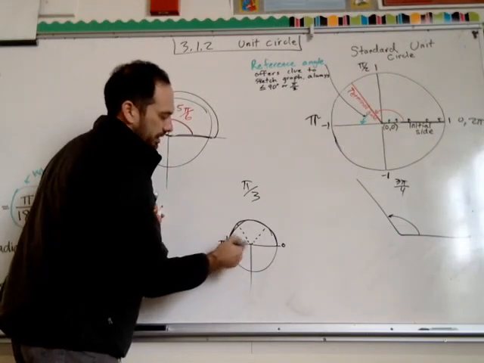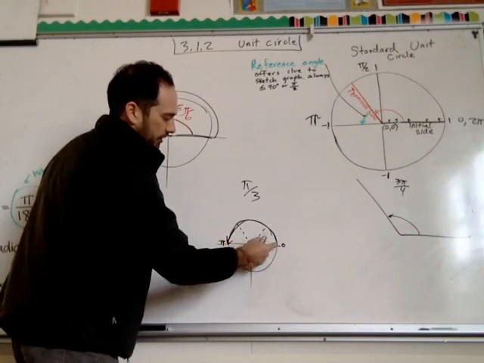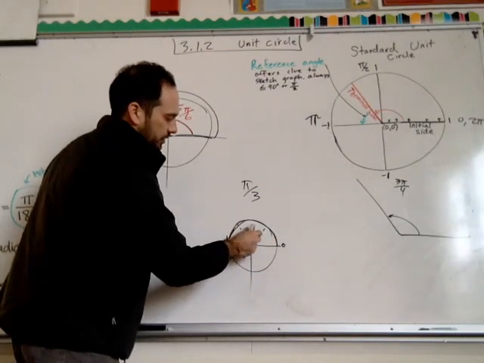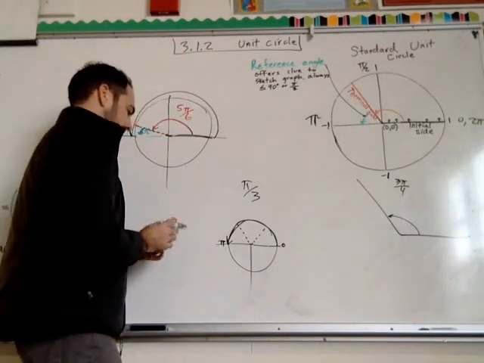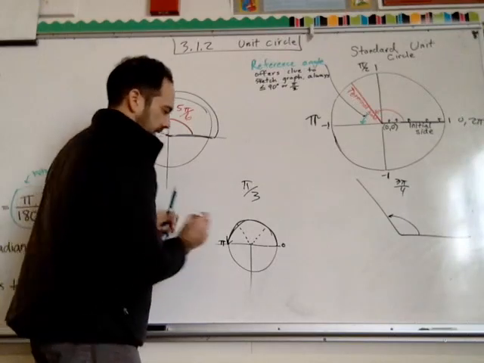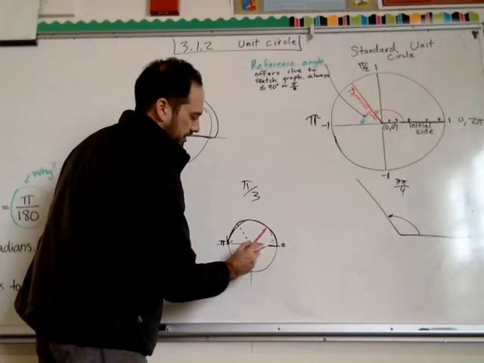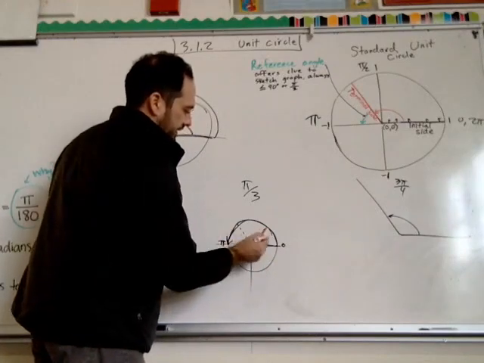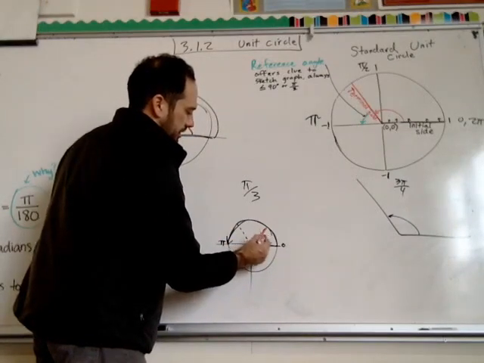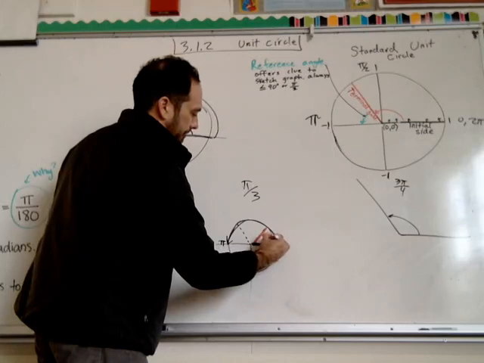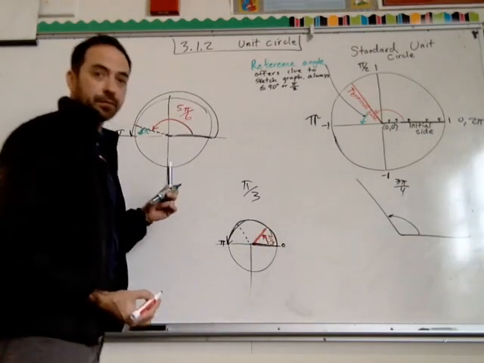So for pi over 3, I break this pi into 3 equal parts. Here's going to be my terminal side, here's my initial side, so this right here is pi over 3.